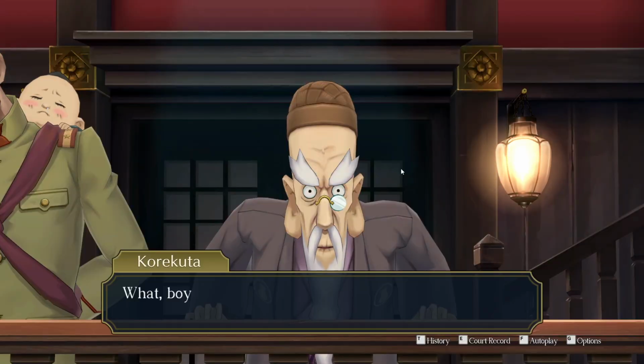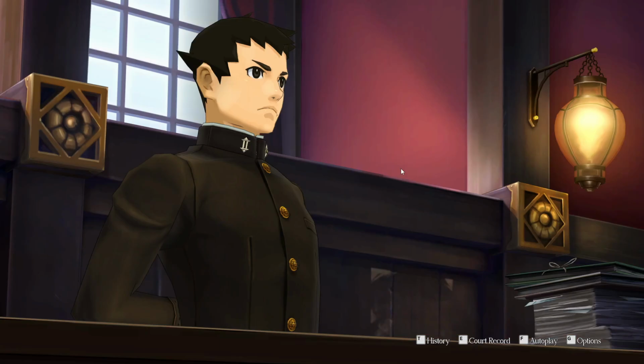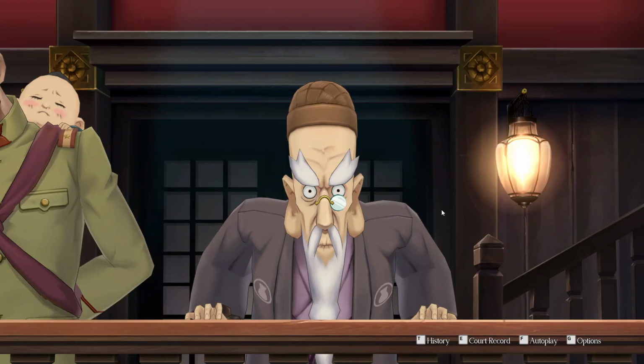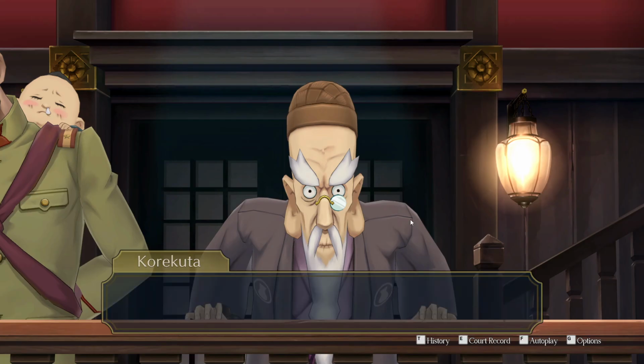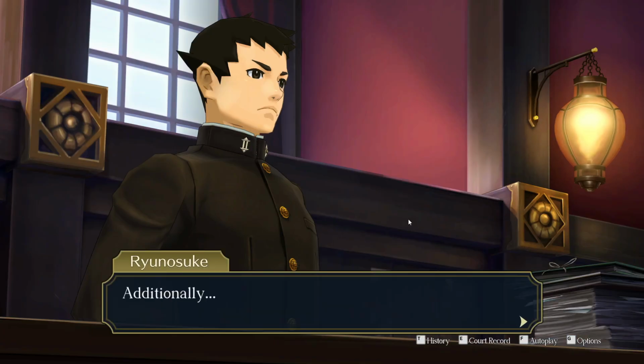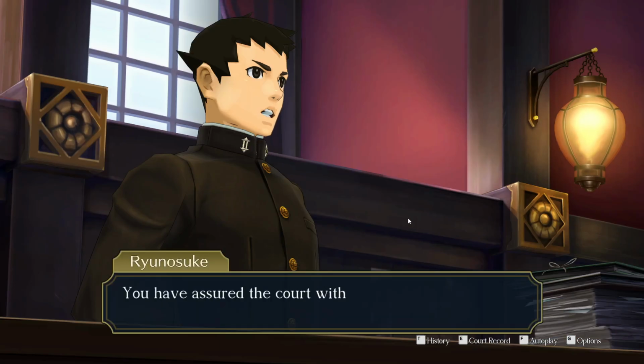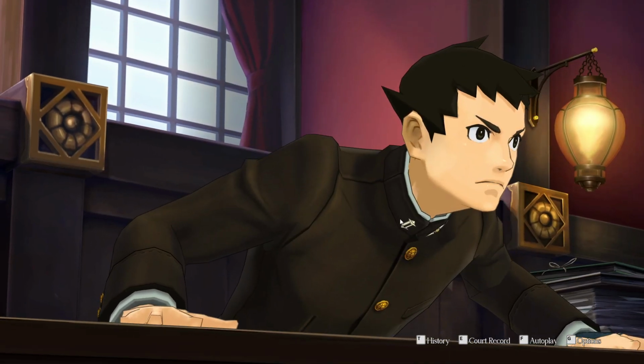Korakuda-san. What, boy, what? As you just heard, when he was killed, sometime shortly after 2 p.m., the victim couldn't have been eating anything at all. No. Additionally, there's more? You have assured the court with unwavering self-confidence that the victim was dining alone.